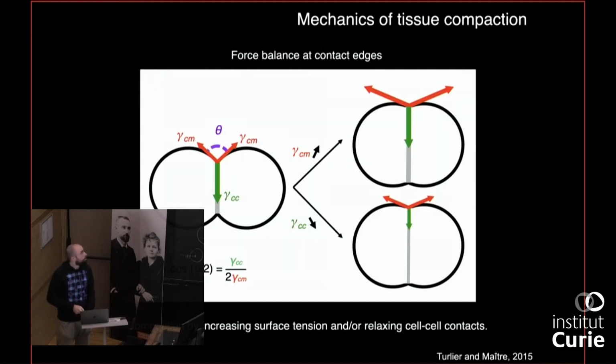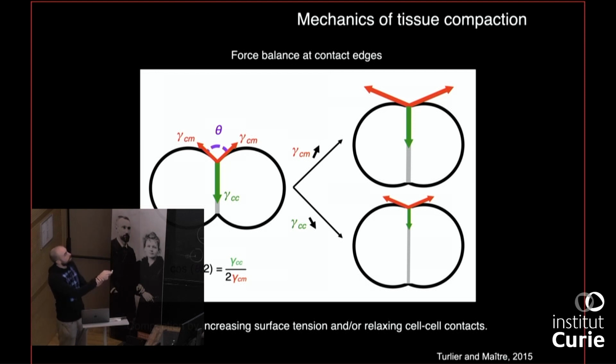Okay, so if you consider now the different mechanical properties of the interfaces that we have in the embryo, you can sum it up to two cells contacting each other. They will have distinct surface tensions at their distinct interfaces. So here you have a cell-cell contact with a tension gamma cc and a tension gamma cm at the cell-medium interface.